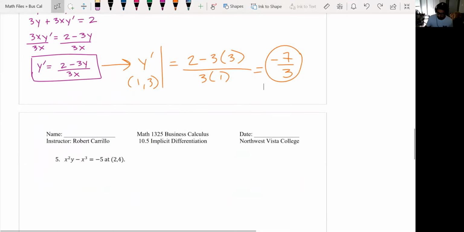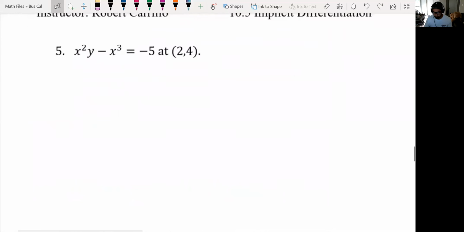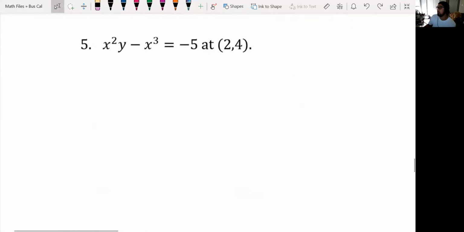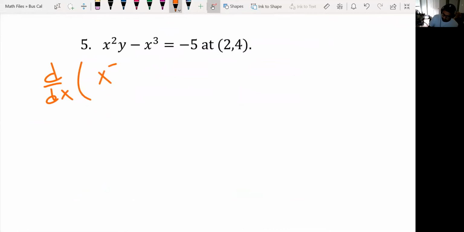All right. Do it again. Apply d over dx to both sides.